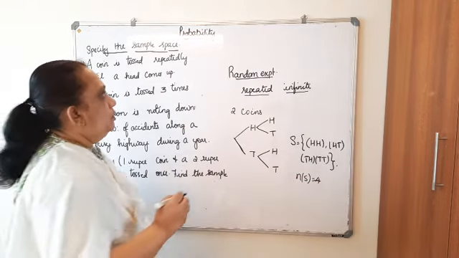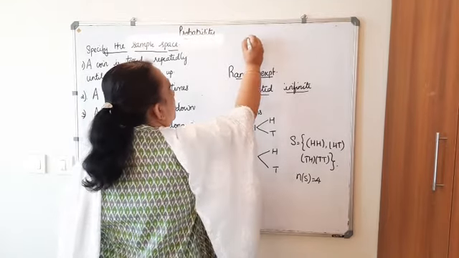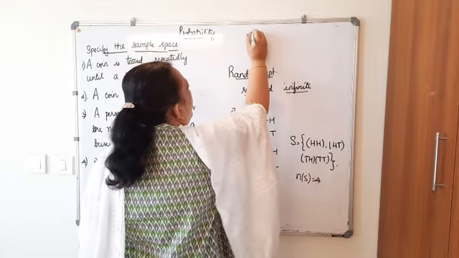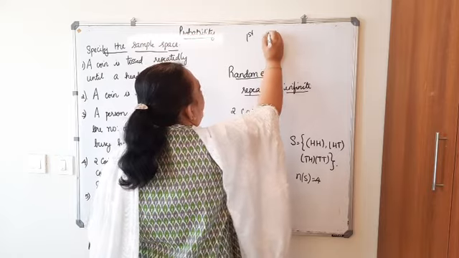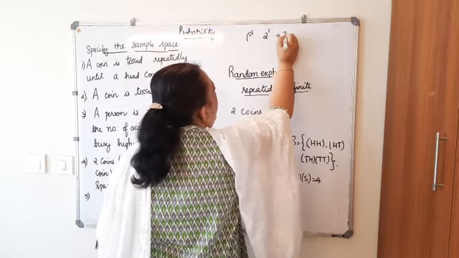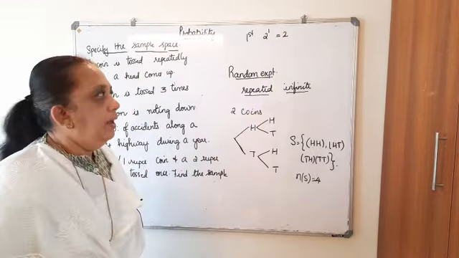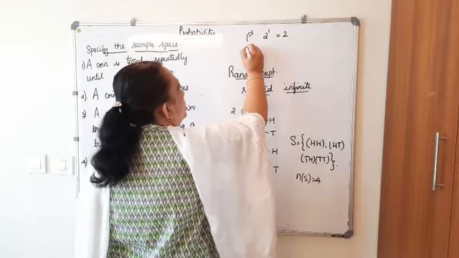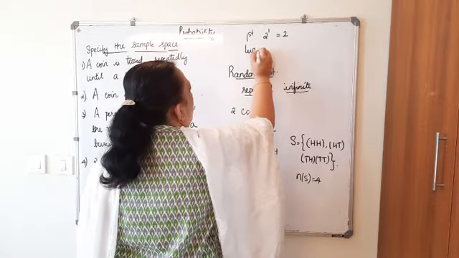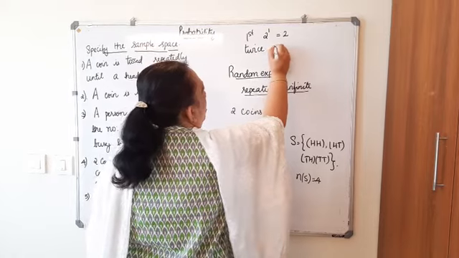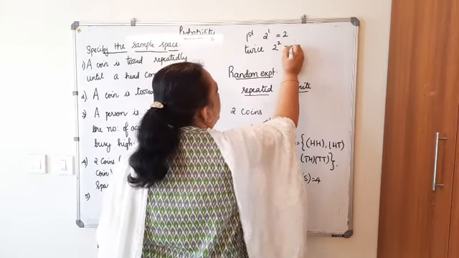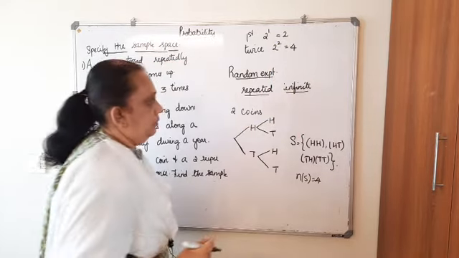When you toss a coin once, the sample space has 2 raised to 1, which is 2 elements. When you toss a coin twice, or 2 coins are tossed, you get 2 raised to 2, which is 4.